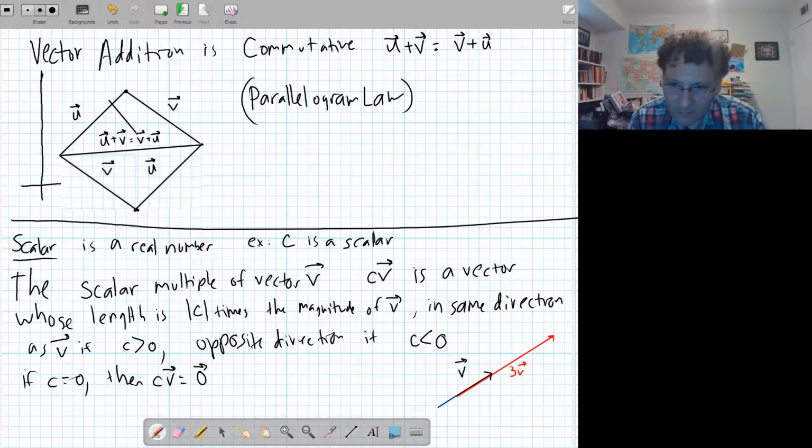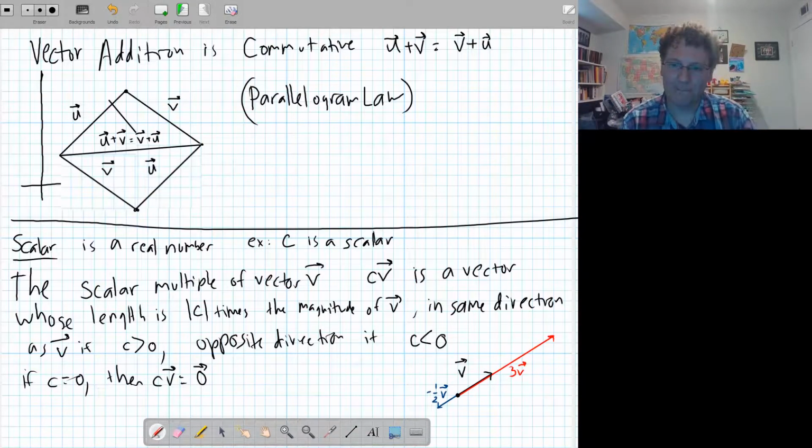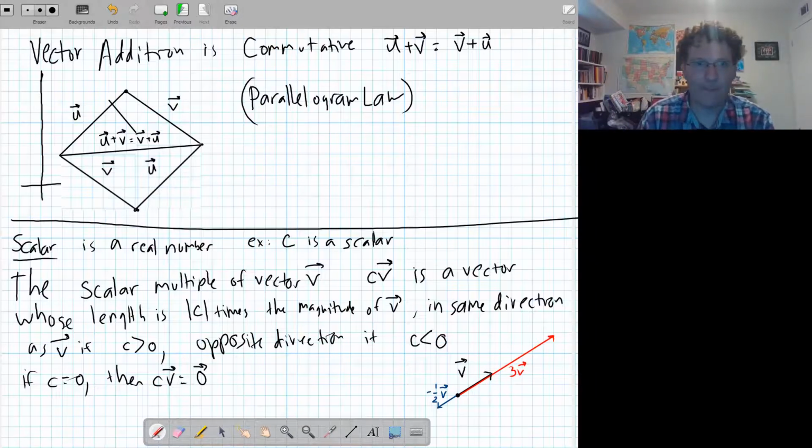This would be like negative 1/2 v. If you can see those differences, they're all illustrated with the same initial point. That's roughly what 3v would be. I'm trying to illustrate it's about 3 times as long, and it's going in the same direction. Okay.